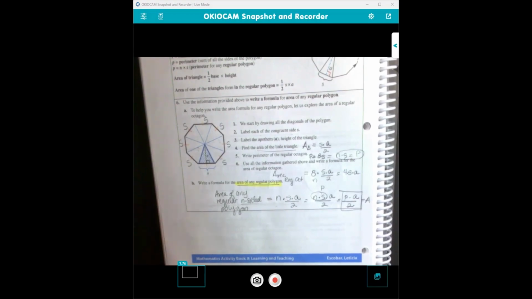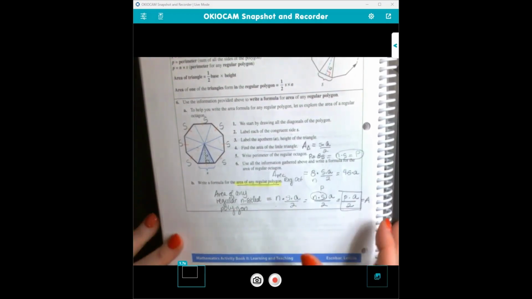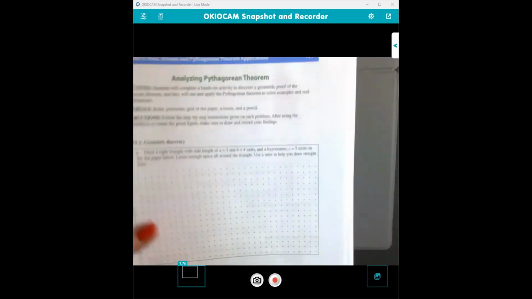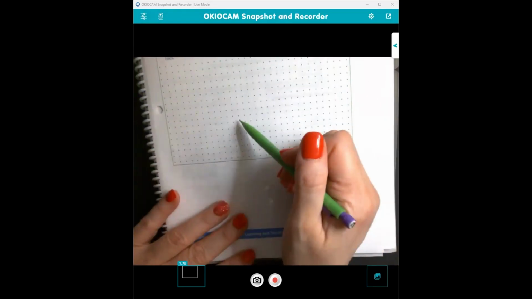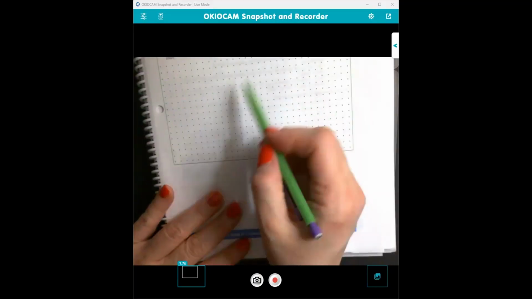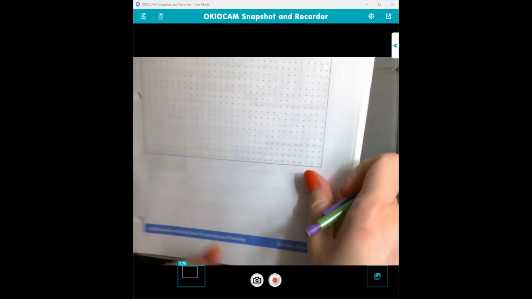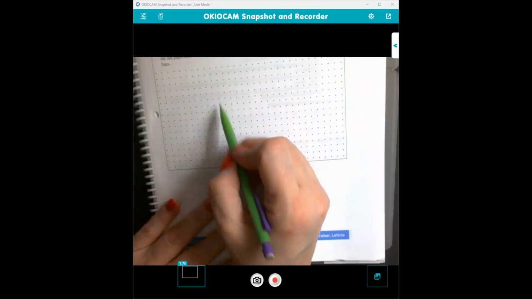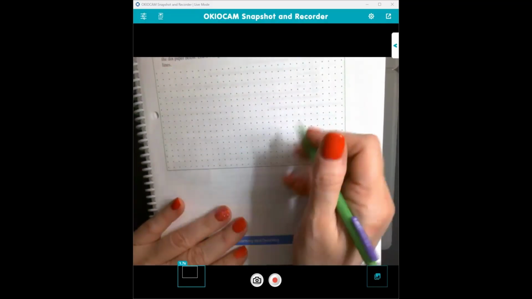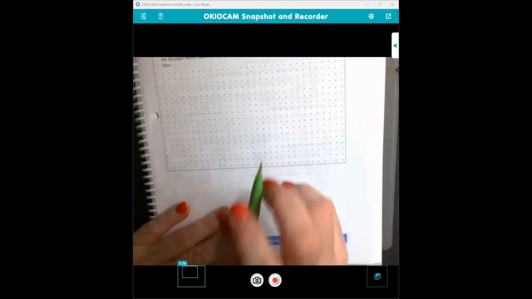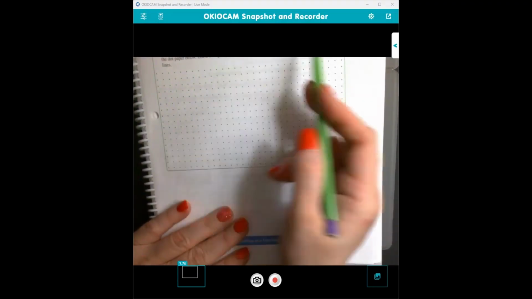Okay. So since we're talking about area and we're talking about the grid paper, we are going to use the grid paper and not draw diagonal triangles. We're going to draw a vertical and a horizontal side so we can have a right angle and we know exactly the length of the sides. So one of the sides is going to measure 3.